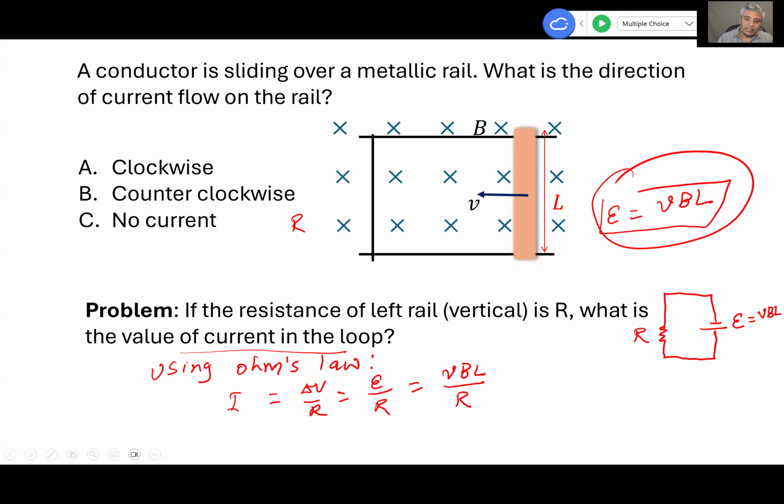In this particular case, the thumb is pointing towards me. So that's why this side has a positive charge and that one a negative charge. And we know current starts from the positive terminal and goes to the negative terminal. So that's why it is clockwise.